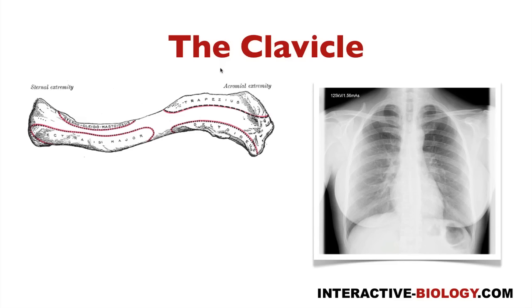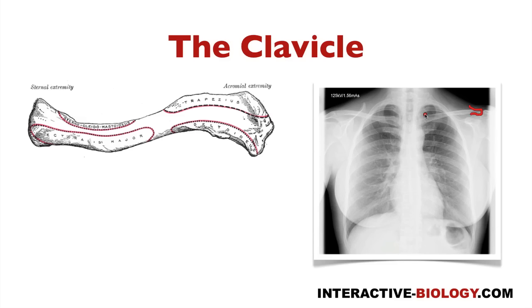One of the features that I want to point out here, if you look over here on this chest X-ray, you'll see that you can also see, once again, we have the sternal end, and we have the acromial end. And what you can notice in terms of a difference is this acromial end here. This acromial end here, it's much flatter.